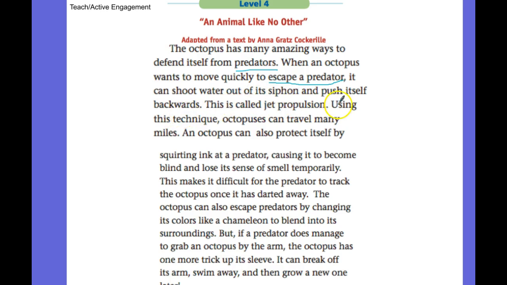This is called jet propulsion. Using this technique, octopuses may travel many miles. An octopus can also protect itself by squirting ink at a predator. Oh, so now we're protecting ourselves. So we want to escape and we want to protect.